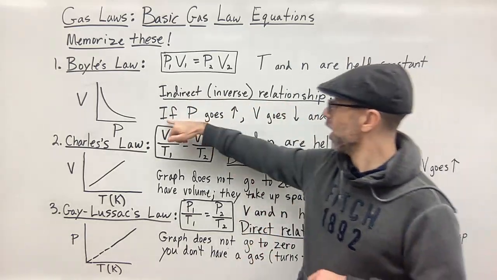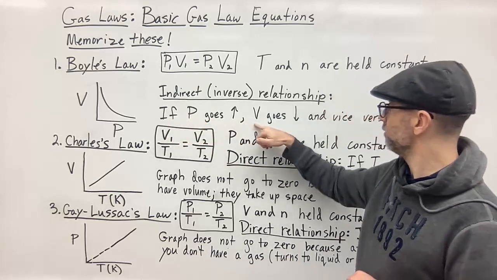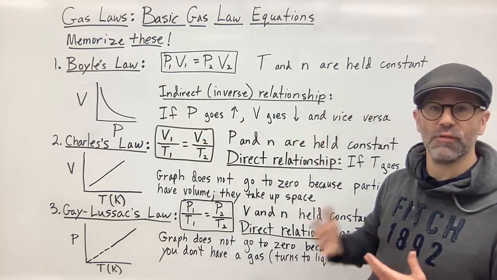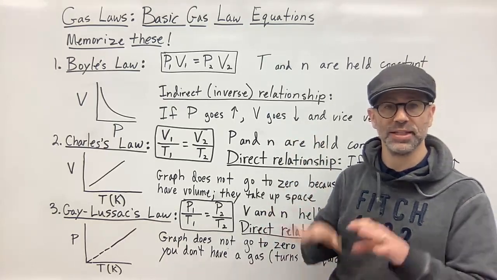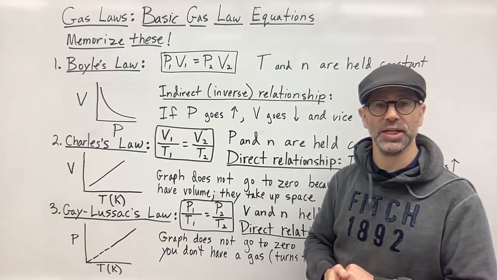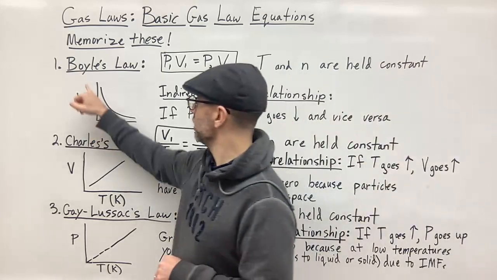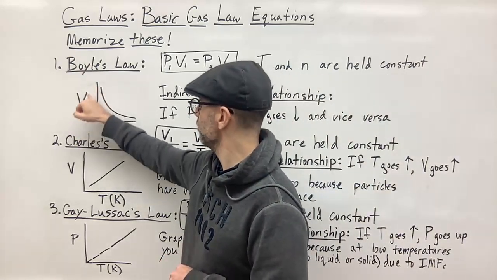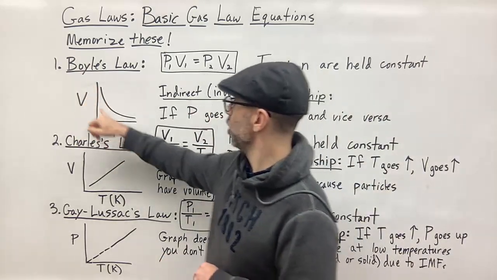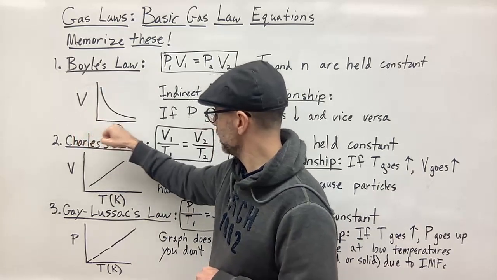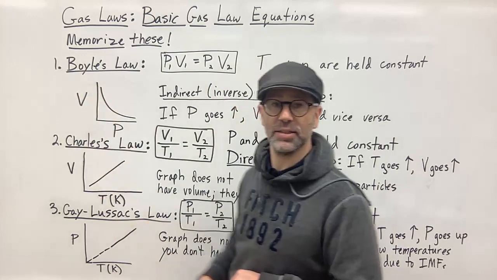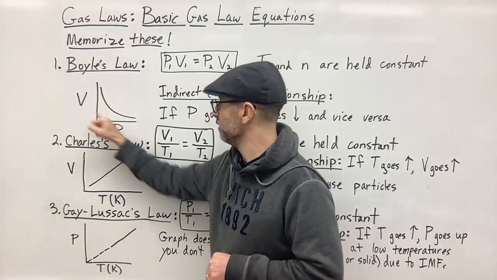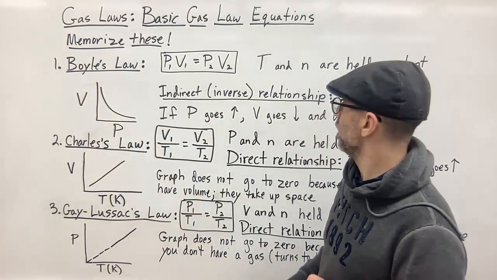So if pressure goes up, then volume goes down, or vice versa. If pressure goes down, then volume goes up. That's an inverse relationship, and that is shown in this graph here. As the pressure is increasing, you'll see the volume decreasing. So this graph shows that inverse relationship.